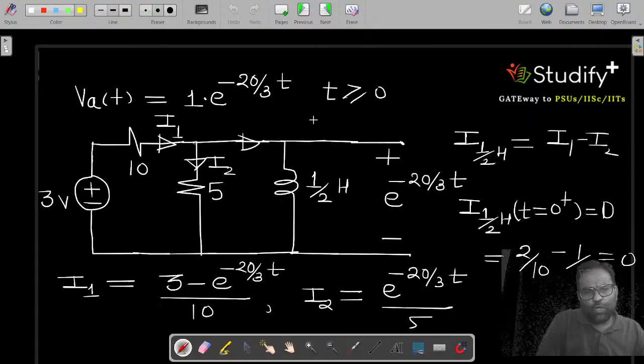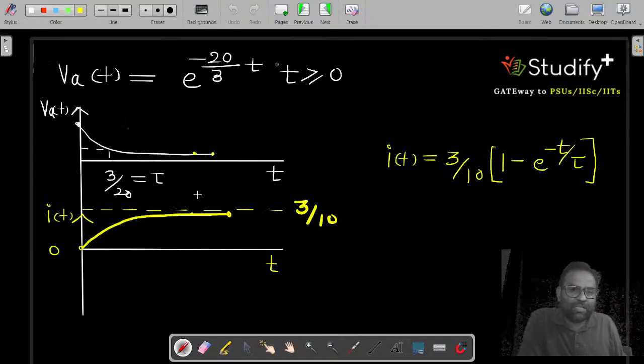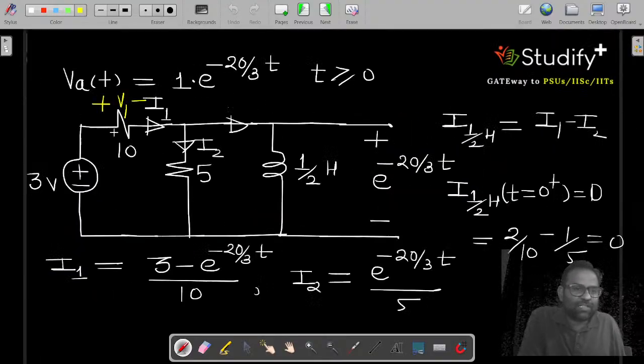And you can write the voltage also. If I write this voltage as V1, what is the position of V1? The position of V1 is very simple. If this voltage is e to the power minus 20 by 3 into t, then V1 is the voltage across which resistance?